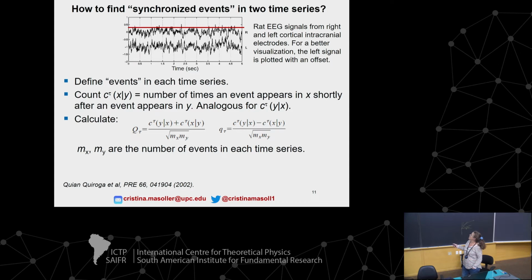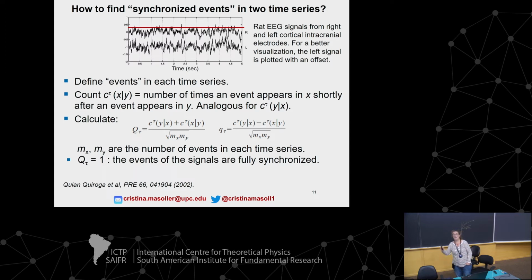Here, mx is the number of events in each time series, and these are the numbers you counted of events that occur in one with respect to the other, and this is this parameter tau. Again, you need to select this window appropriately. But then if Q is equal to 1, we can say that every event in one time series is followed by an event in the other time series after a given time.